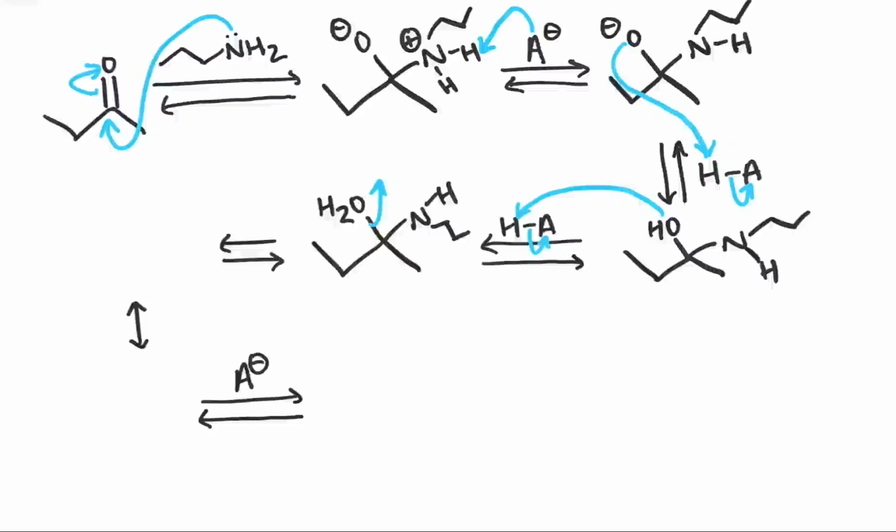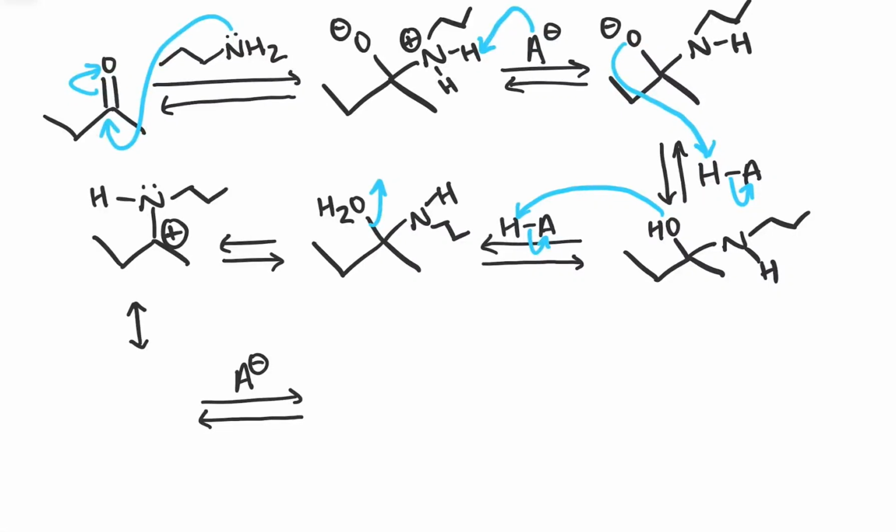That's going to be our leaving group. Once water has left, we're left with something that looks a little bit like this, and the carbon that was our carbonyl carbon is now positively charged.